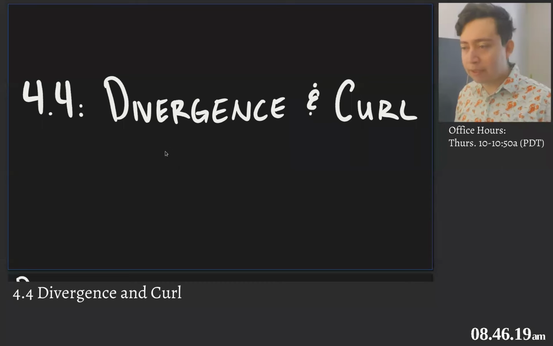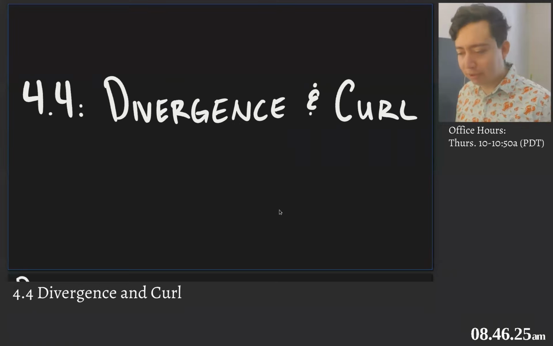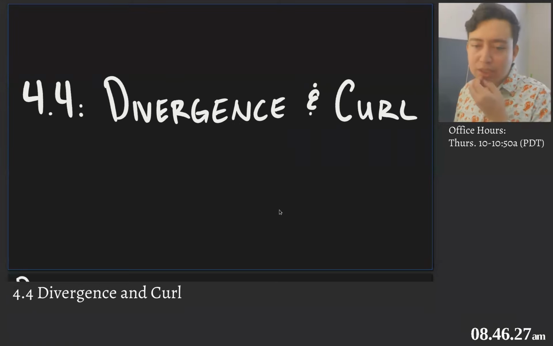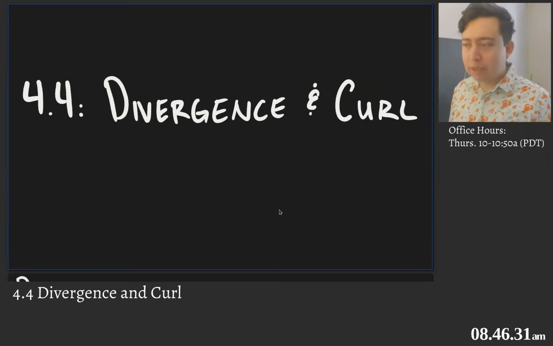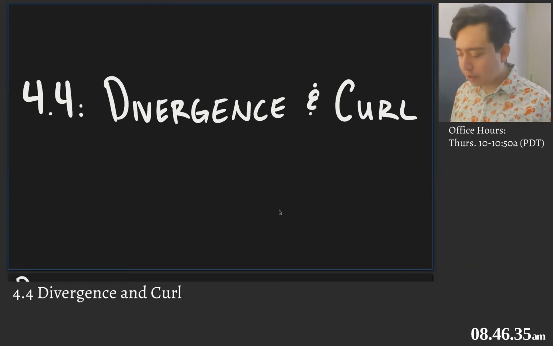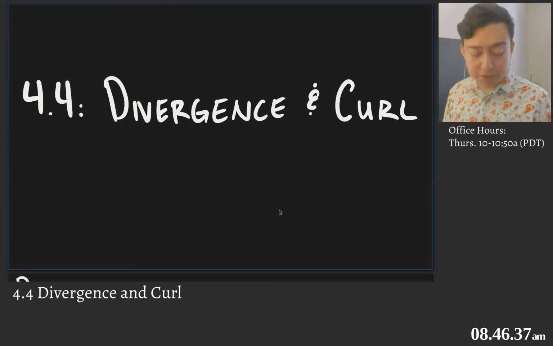The divergence is a general thing that we can talk about, but the curl specifically is unique to two dimensions. I'll talk about those physical interpretations when we start covering these more deeply.